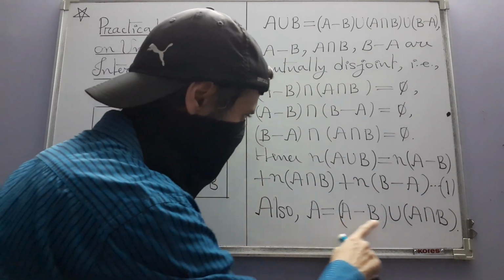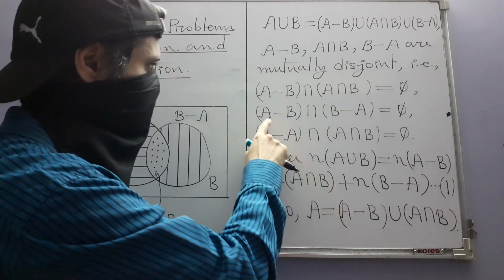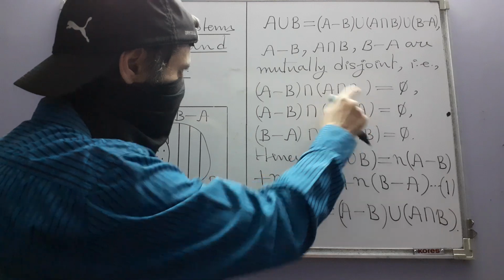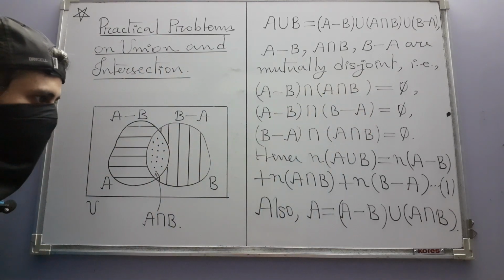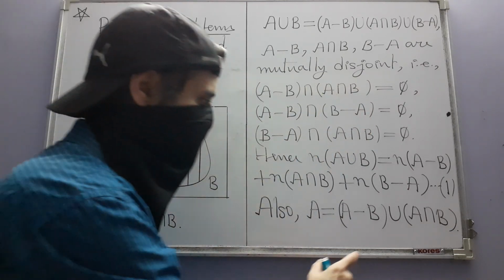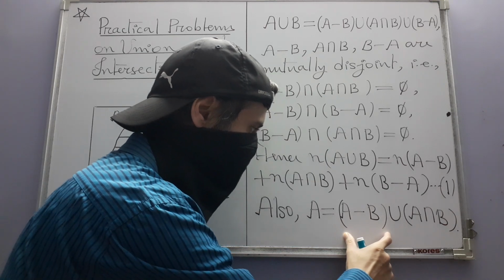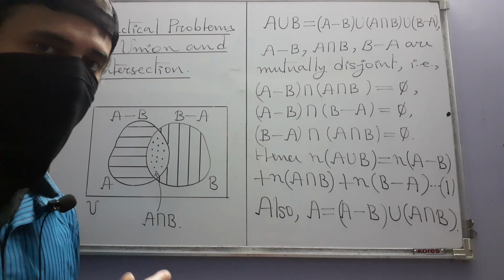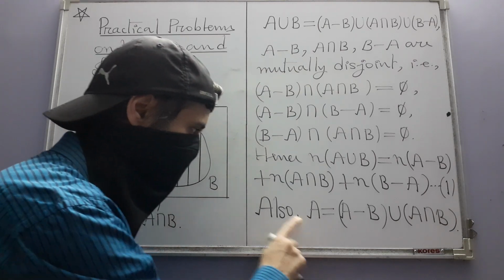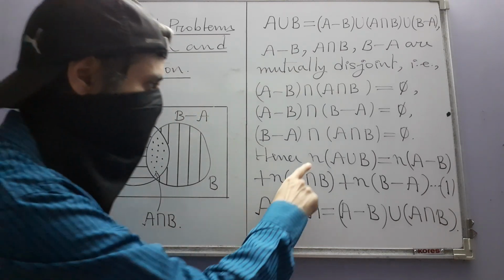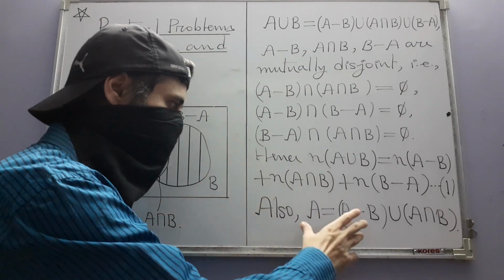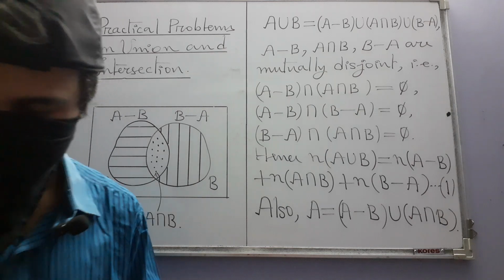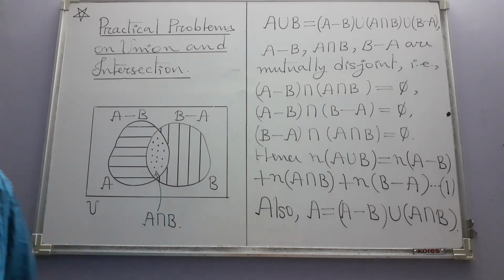Now you combine with this the fact that A difference B and A intersection B are disjoint. You then again get the fact that the number of elements in A difference B and the number of elements in A intersection B together, if you add them up, you are going to get the number of elements in A. Just like you have got this equation, a smaller version of that similar equation you will get here.